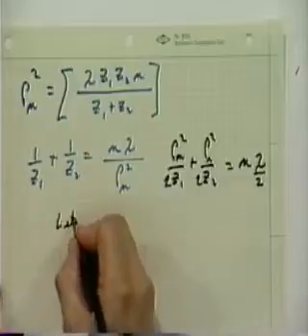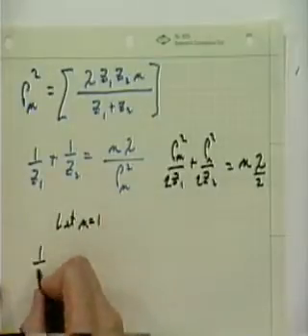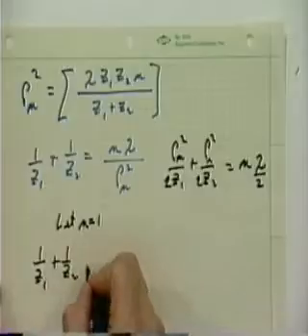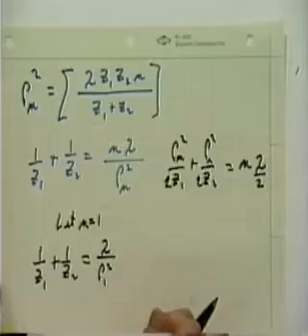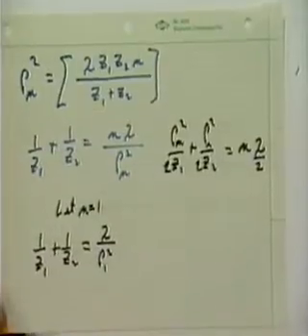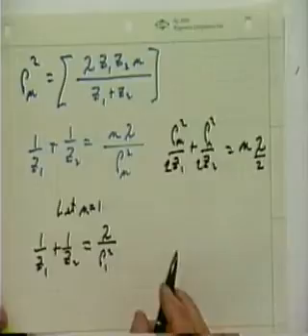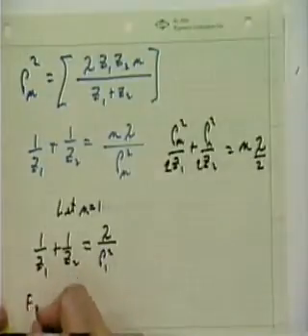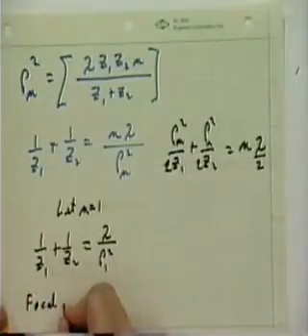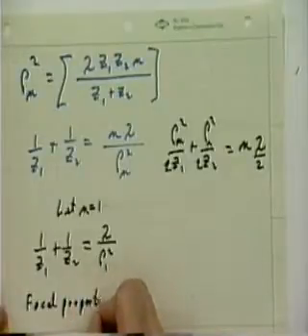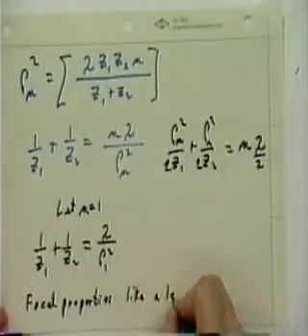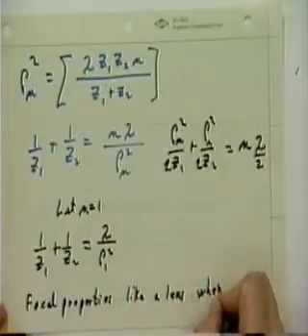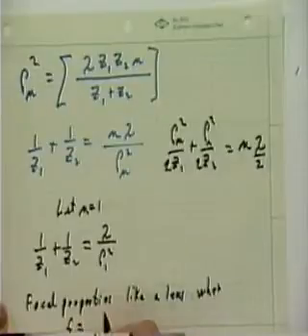Let n equal 1. 1 over z1 plus 1 over z2 is lambda over rho sub 1 squared. And this has focal properties like a lens, where the focal length is rho sub 1 squared over lambda.